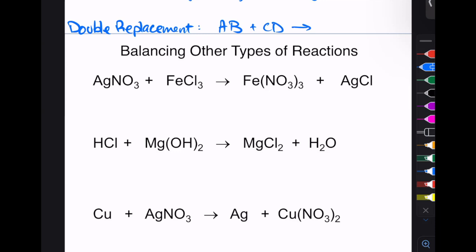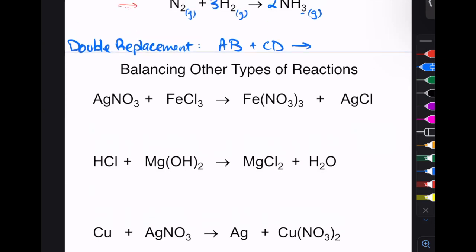This is typically what you'll see when you have ionic compounds interacting, where A and B is the cation and anion pair in an ionic compound, and CD is another cation anion pair in an ionic compound. So in fact, I'm going to put this here. Usually you'll see this with ionic compounds.